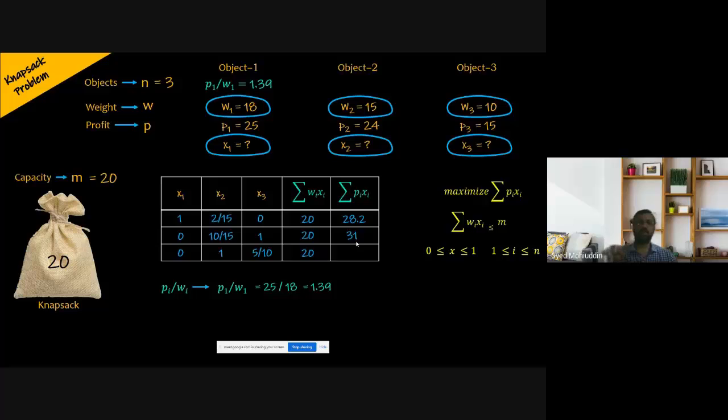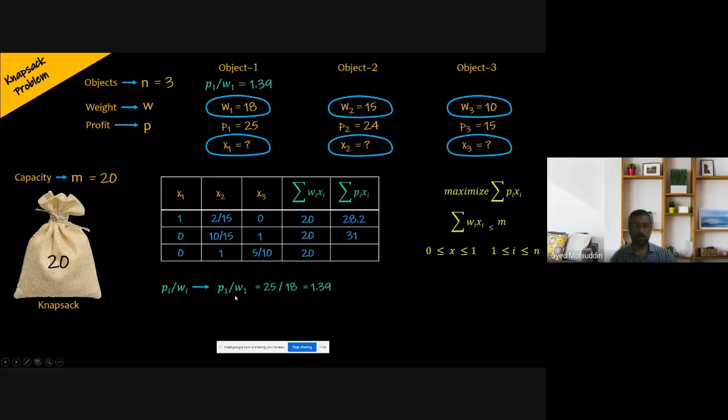The greedy approach is to select the object based on the profit per unit weight. So what we have is, we will take the ratio of Pi by Wi. This is the ratio of profit to weight, which gives us profit per unit weight.